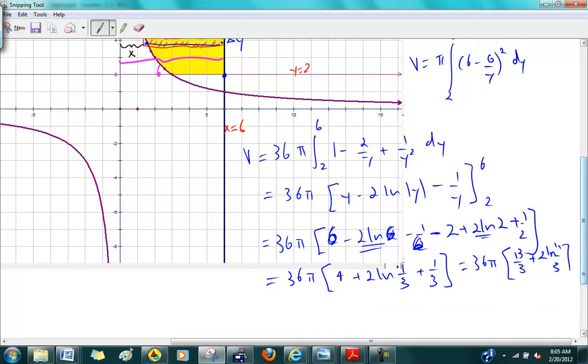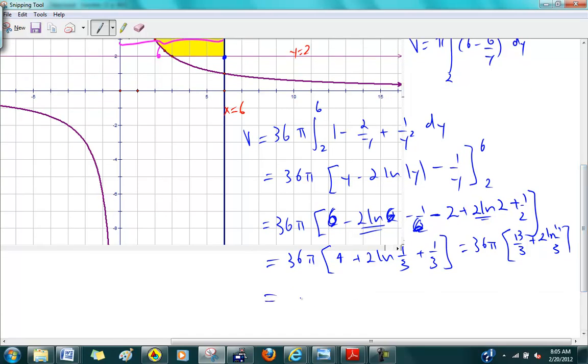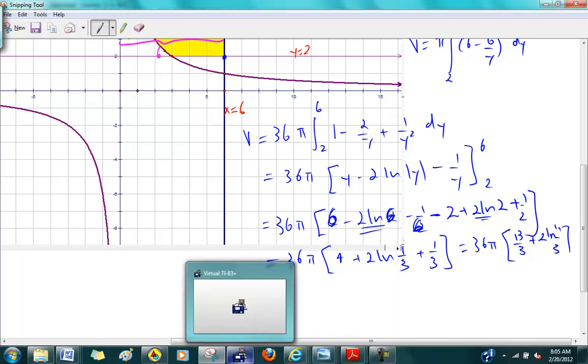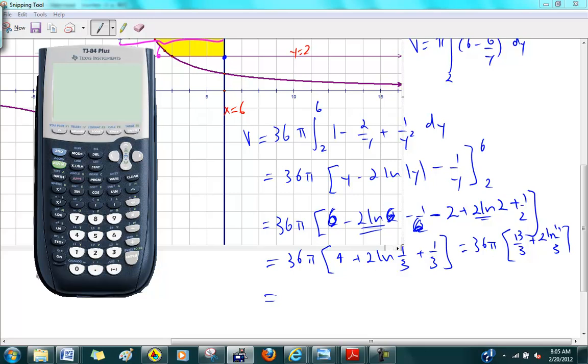Okay, and I go put this on my calculator and see what we get. And so I have 36 pi times parenthesis 13 divided by 3 plus 2 ln 1 divided by 3.